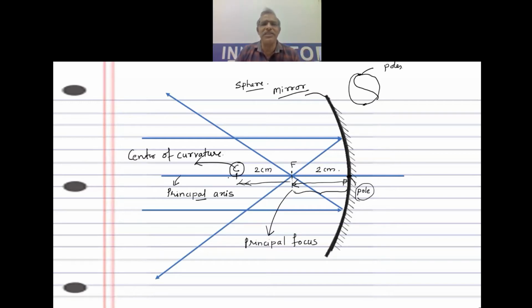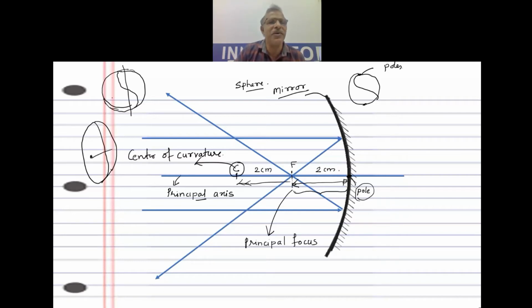Now, what does that center of curvature actually mean? Suppose you cut a ball, let's say a cricket ball, I am just drawing it like a 3D type. Now, if you cut it here, you get a hollow curvature, right?